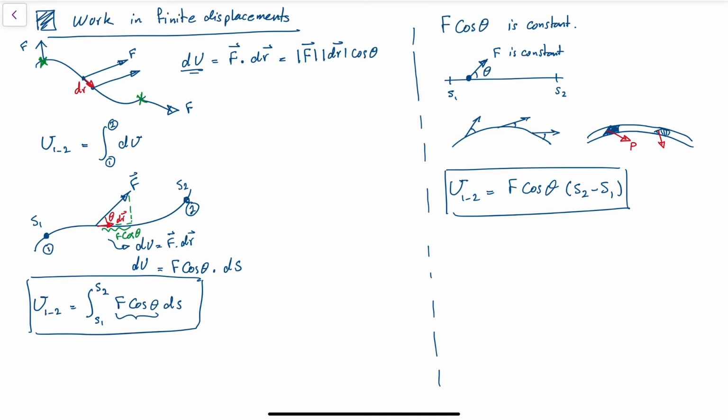So to summarize, to find the work in a finite, non-negligible displacement, you need to take an integral, and we'll see a lot of conditions where this integral is well behaved. The simplest one is when F times cosine of theta is constant. That doesn't happen that often.